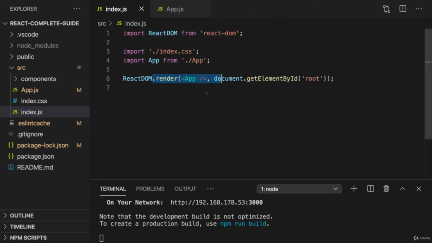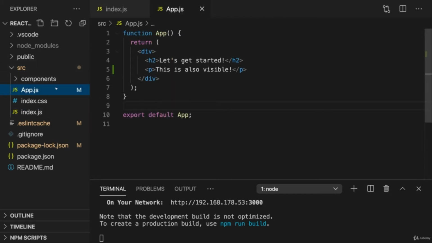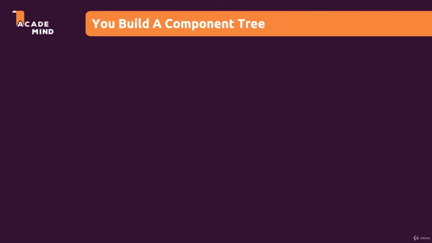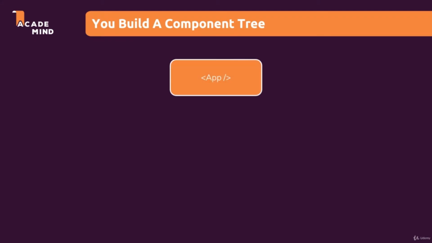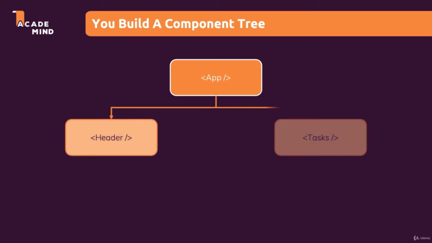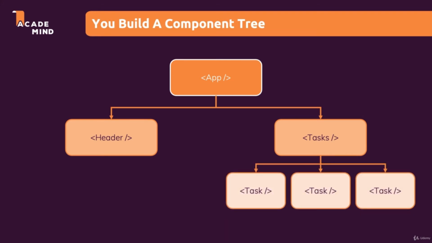And all other components will be either nested inside of app.js or nested inside of other components, which then in turn again are nested somewhere else. Because ultimately with React, we build a component tree, you could say. You have this main app component at the top, and then below that you could have any other kinds of custom HTML elements, so other kinds of components, which in the end hold other pieces of the user interface.